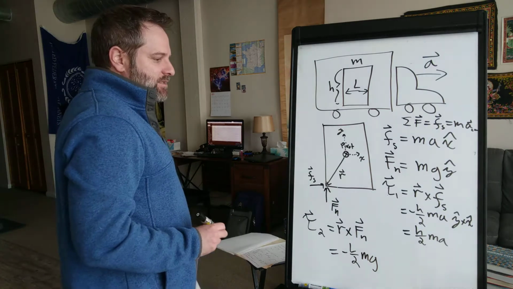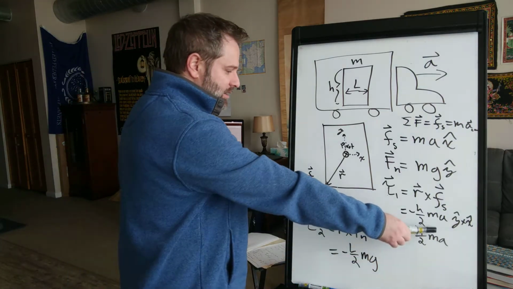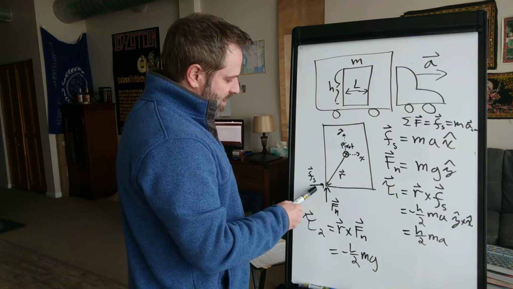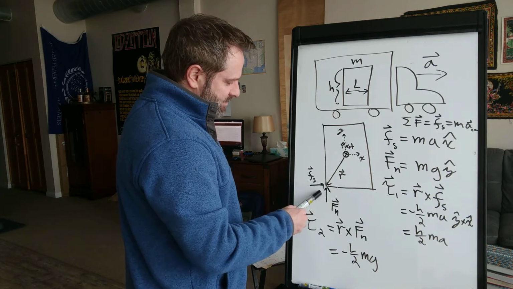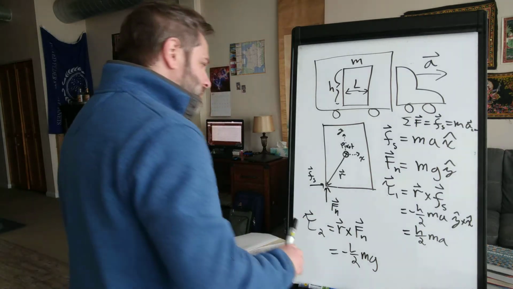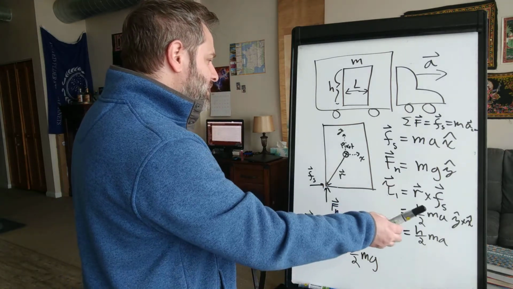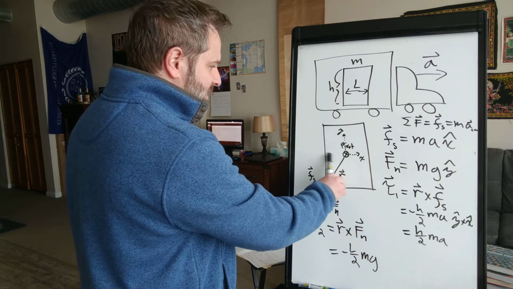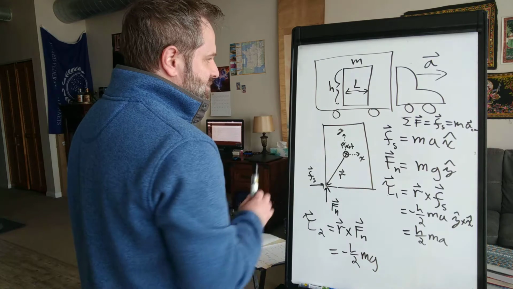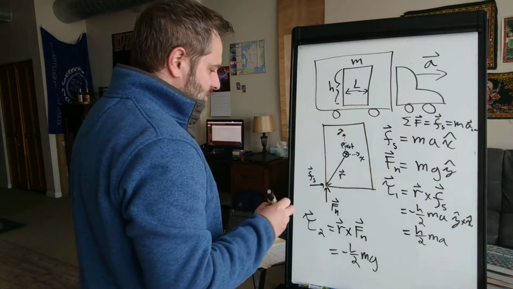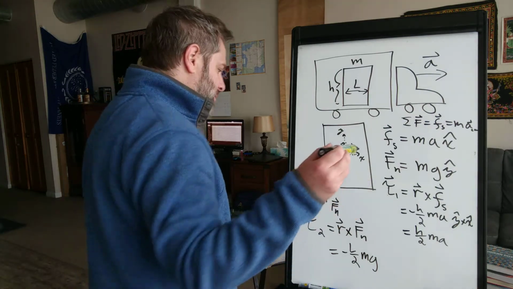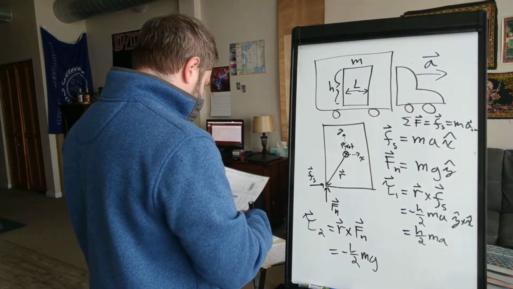Pretty much the same thing over here is happening over here, except now this guy's not positive x, this guy's negative y. But then the only component is, of course, the perpendicular component that's important. So now instead of having h over 2, we have L over 2 because this distance here is L. So you have negative L over 2 mg, and this one is going to point into the board.